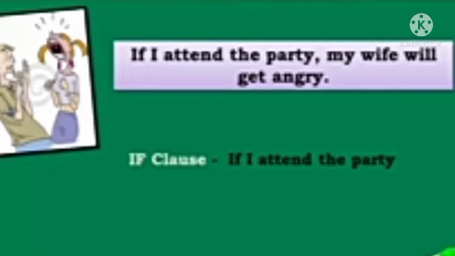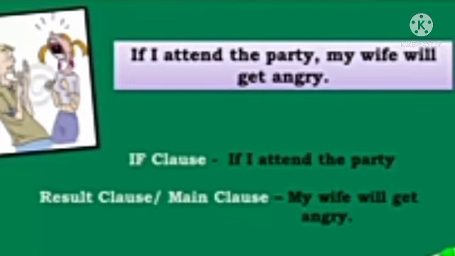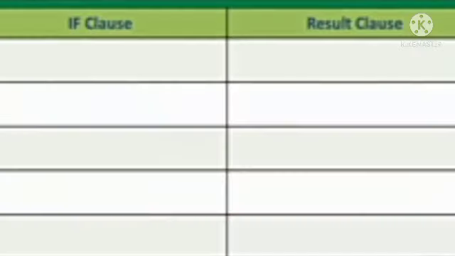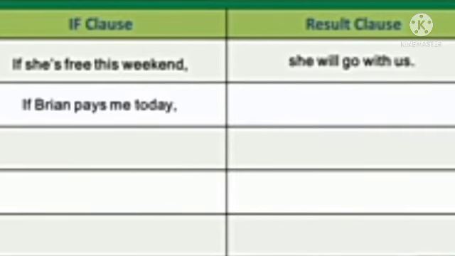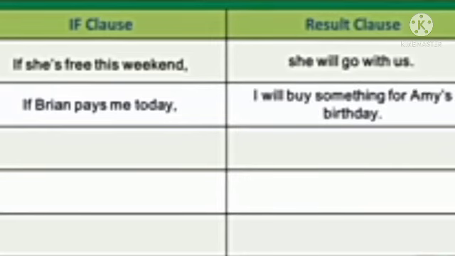If clause: if I attend the party. Result clause, or main clause: my wife will get angry. Now see more if clauses and result clauses. If she is free this weekend, she will go with us. If Brian pays me today, I will buy something for Amy's birthday.